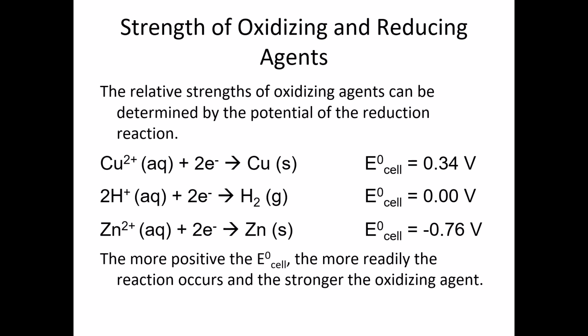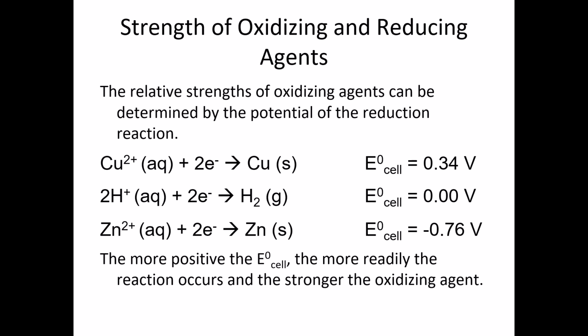Alright, because we have oxidation and reduction half reactions, we also have oxidizing and reducing agents, just like we talked about with our equations. Set up in the cell potential table, because they're ordered based on cell potential, they're also ordered based on oxidizing and reducing power. Alright, so something that is more easily reduced is a stronger oxidizing agent.